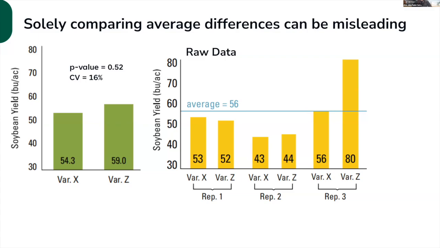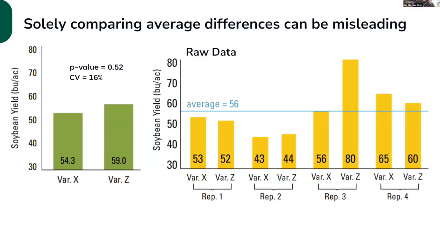But then in the third repetition, variety Z had much more yield than the other one. Basically, the difference we are seeing in the average was probably led by only this one repetition. And then the other repetitions are again kind of the same.